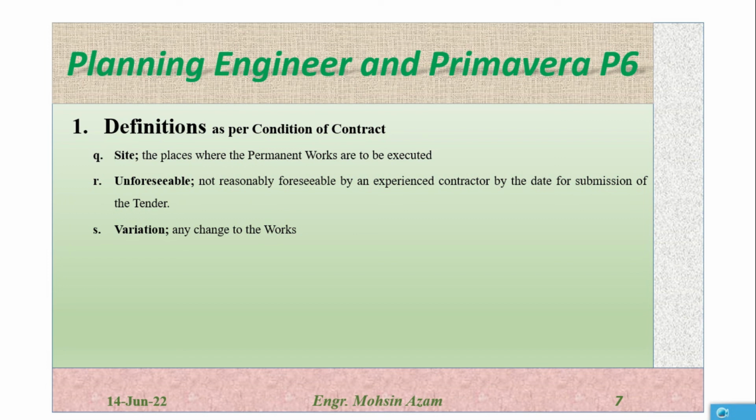Unforeseeable is some hidden thing which was not anticipated by an experienced contractor upon submission of the tender. So anything which was not brought into the calculation in the contract by an experienced contractor will be called unforeseeable. Variation, any change to the work. Variation is the change in the existing scope of work.